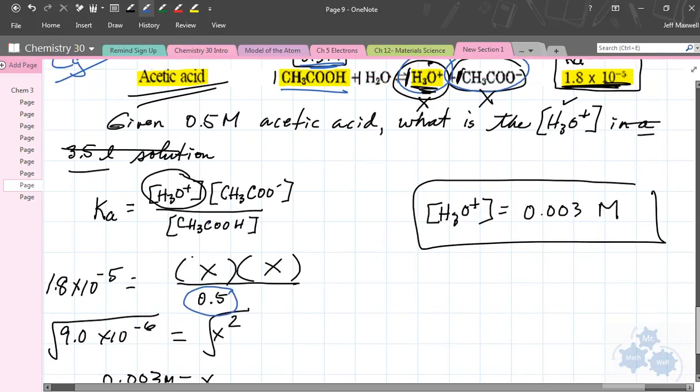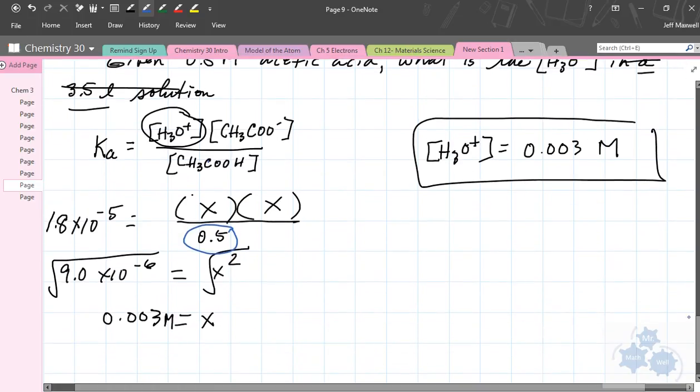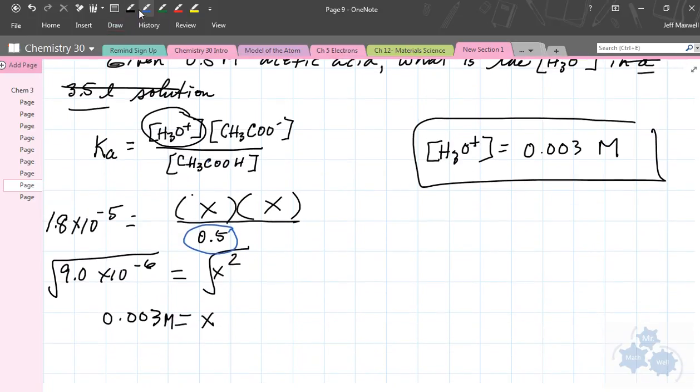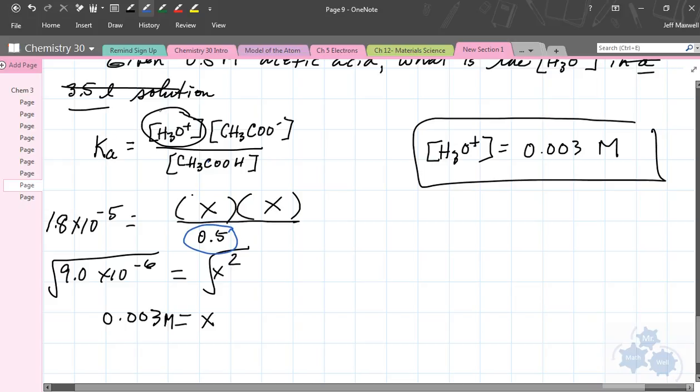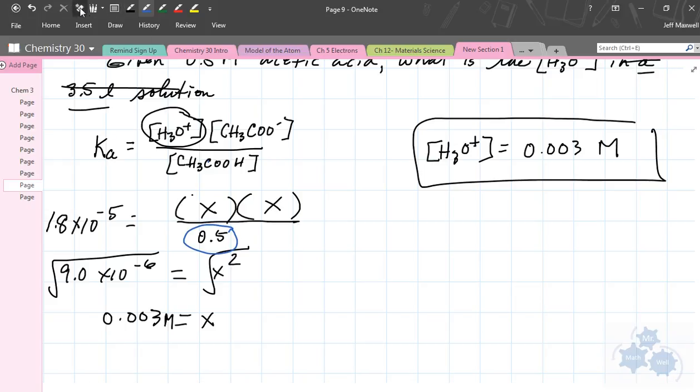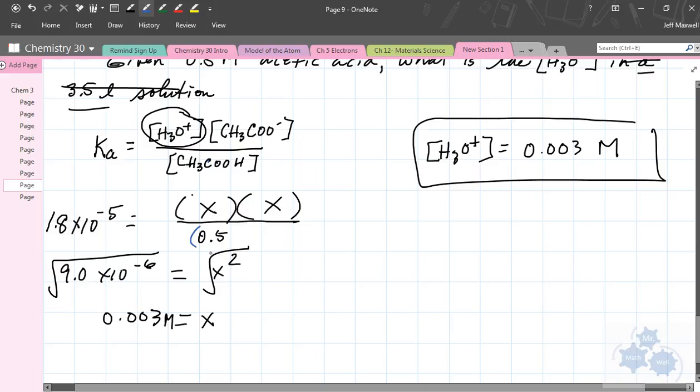So to do this question exactly precisely, what we would have had to do is this. This original concentration would actually go down by what? X. I heard somebody say it. Because at equilibrium, this is 0.5 minus X.